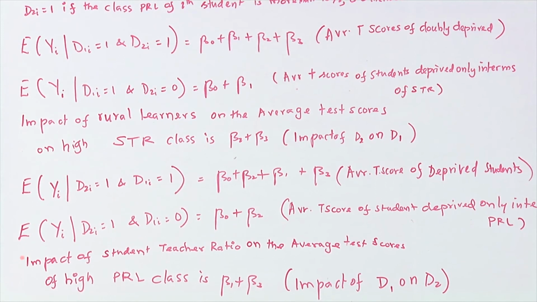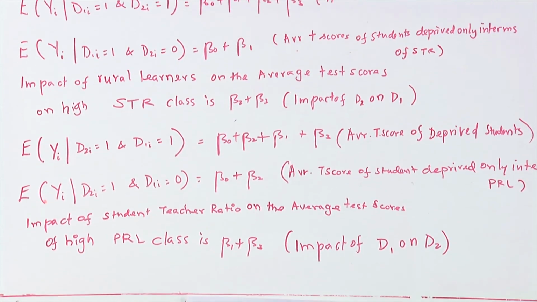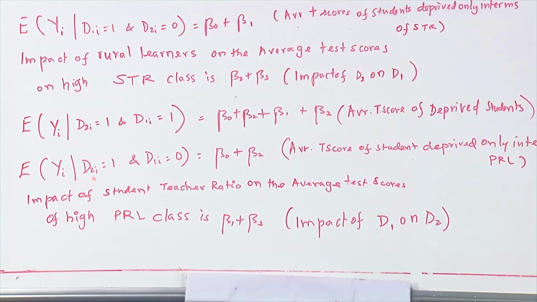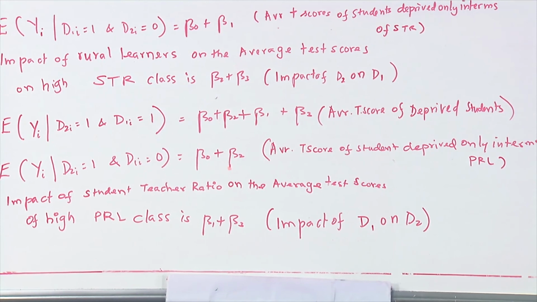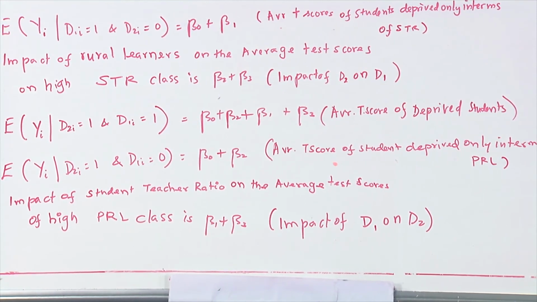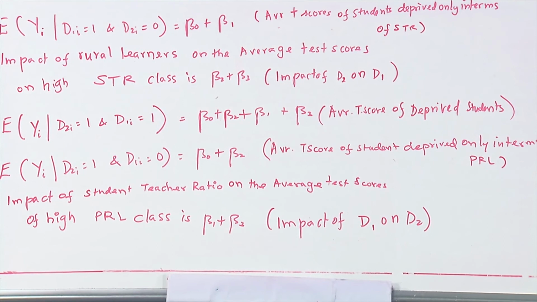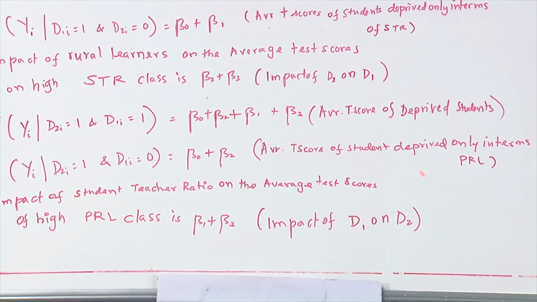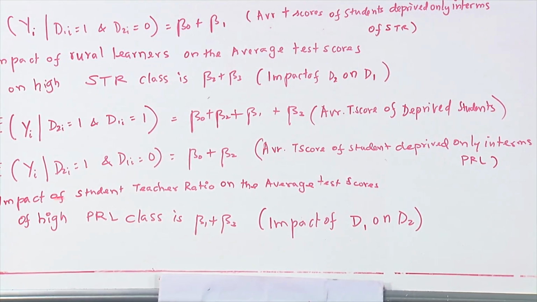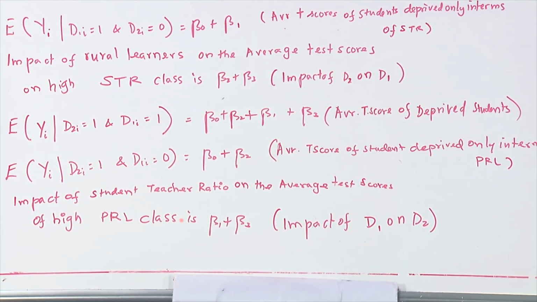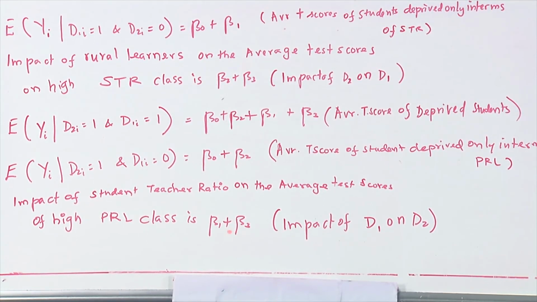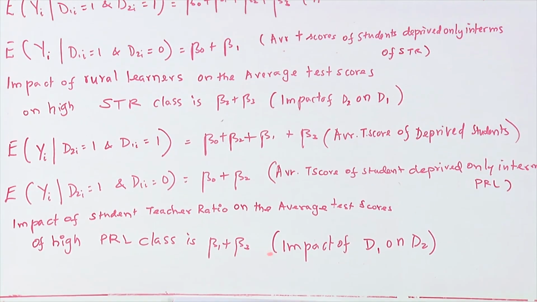Now, again we can find another conditional average of yi given D2i is equal to 1 and D1i is equal to 0, that is beta 0 plus beta 2. This is the average test score of students deprived only in terms of PRL. So, we can find the impact of student teacher ratio on the average test score of high PRL class is beta 1 plus beta 3, the difference of it, that is the measure of impact of D1 on D2.